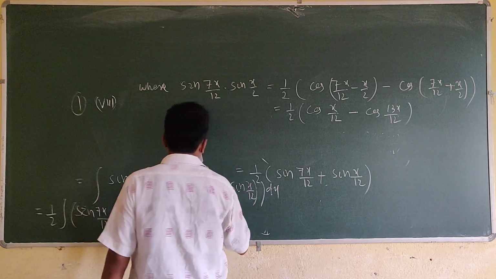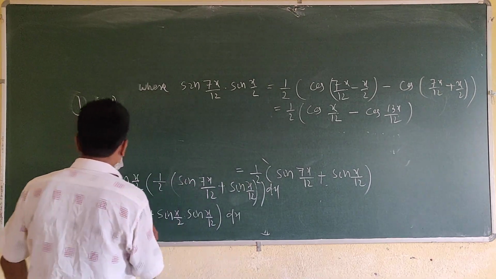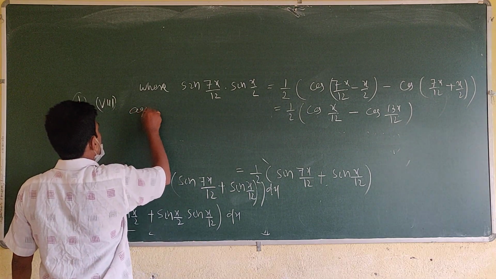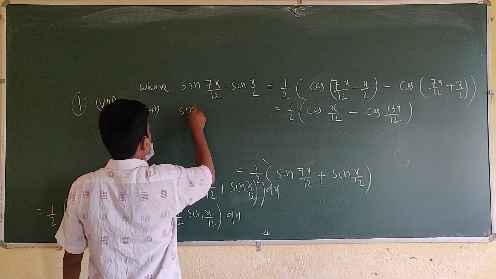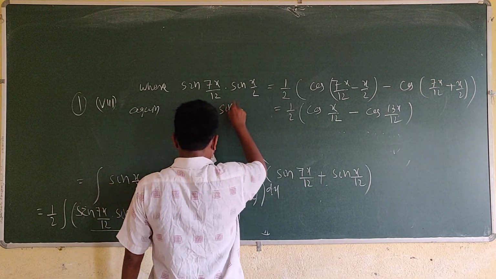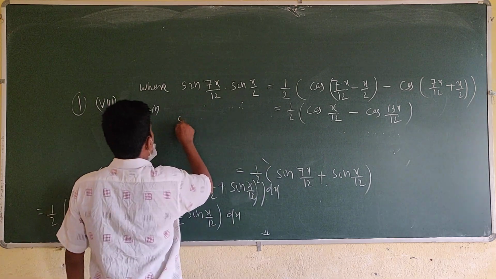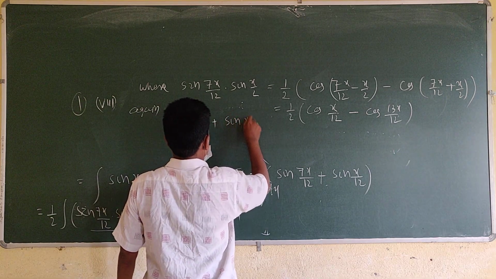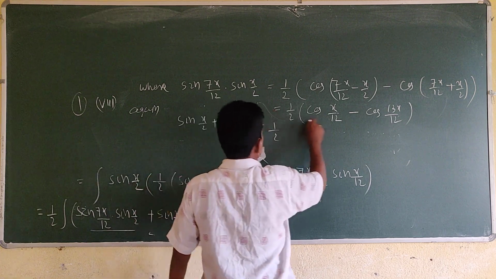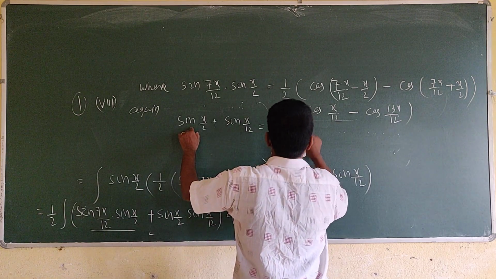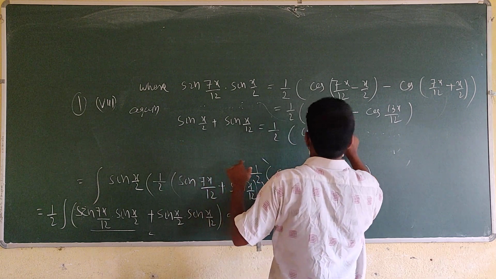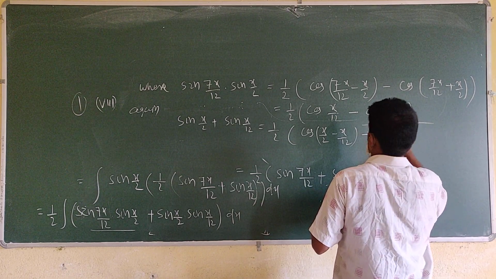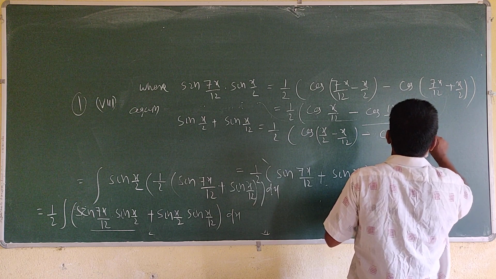Again, that value we have used: 7x by 2 and x by 2. Again, sin x by 2 into sin x by 12 plus sin x by 2 into sin x by 12 is equal to half cos (x by 2 minus x by 12) minus cos (x by 2 plus x by 12).